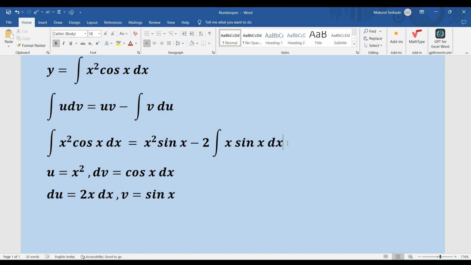And what happens is in this particular case, the RHS becomes even more complex, right? Because integral of v du becomes x cubed by 3 times minus sin x dx, right?